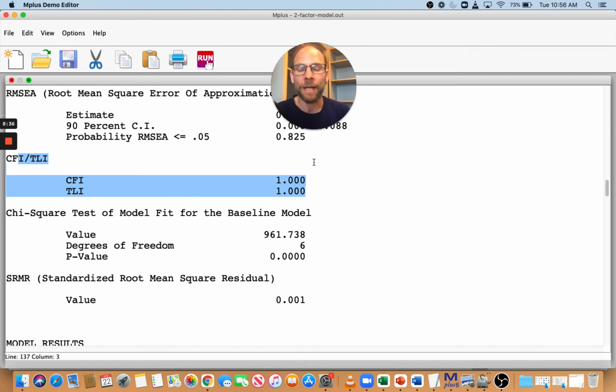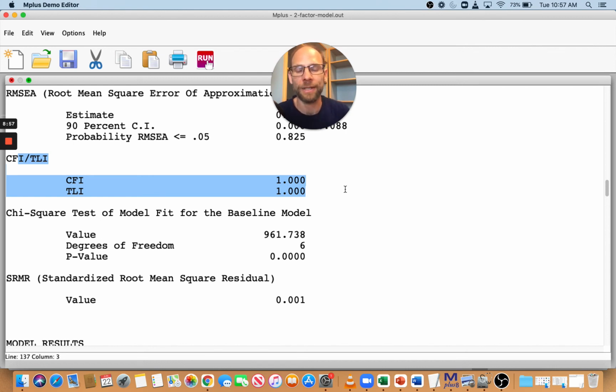And so the more your target model has a lower chi-square than the baseline model, the better these fit indices will look. Ideally they should be 1.0 or even bigger. So they should be close to 1 for a good fit.